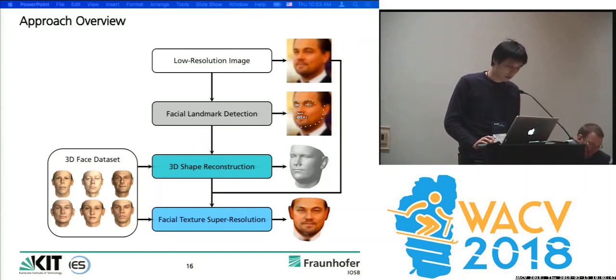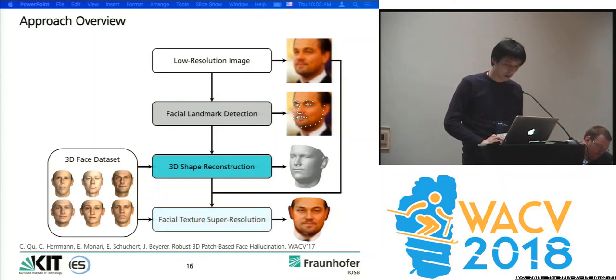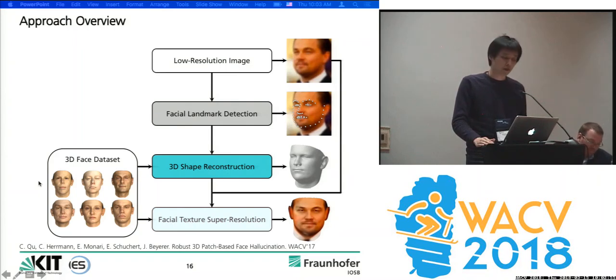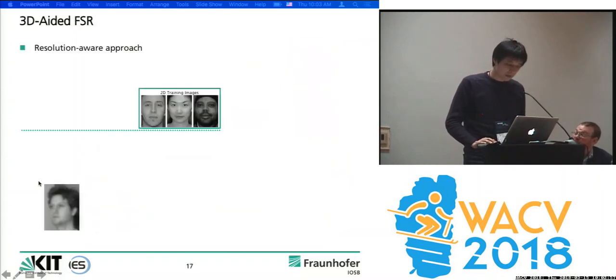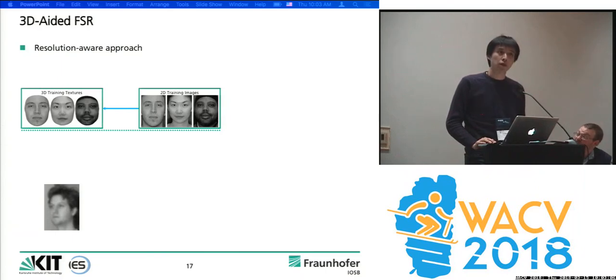And here I will give some introduction into the final part. This algorithm was also introduced in last year's WACV. For super resolution, we have an offline trained database of faces, and because we are doing 3D, we first extract a 3D texture of all the faces in the database.